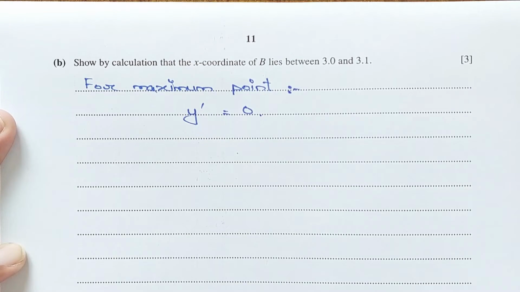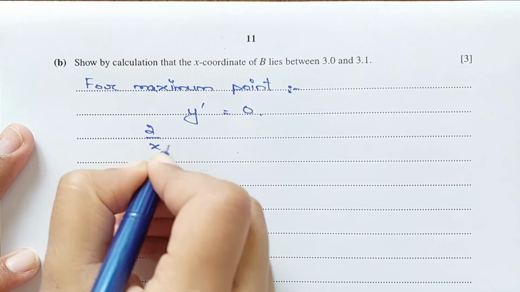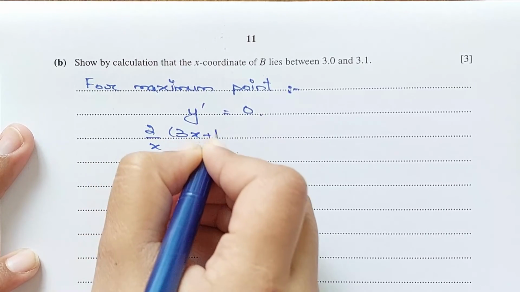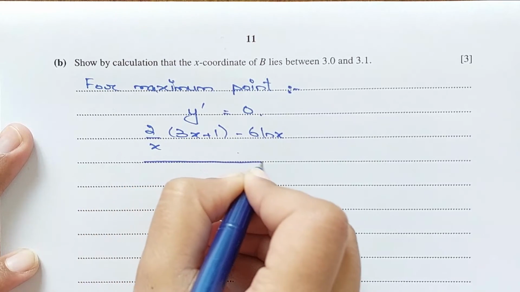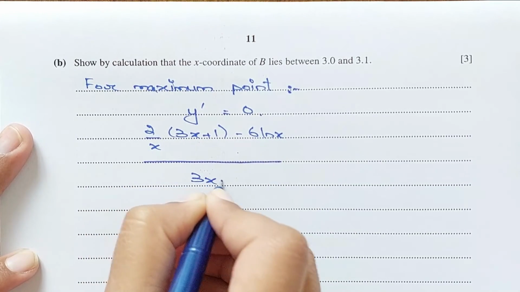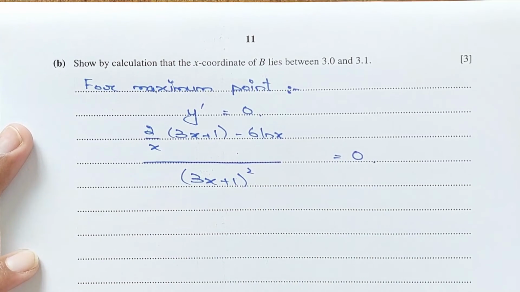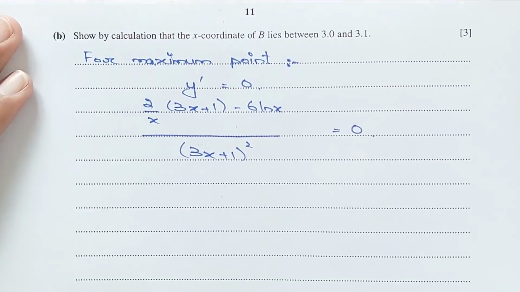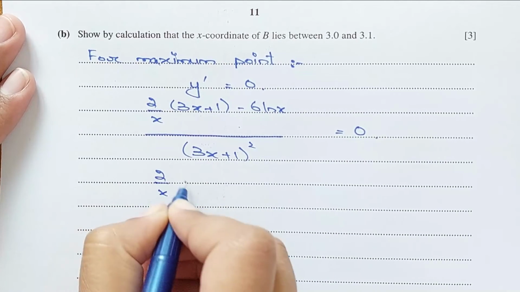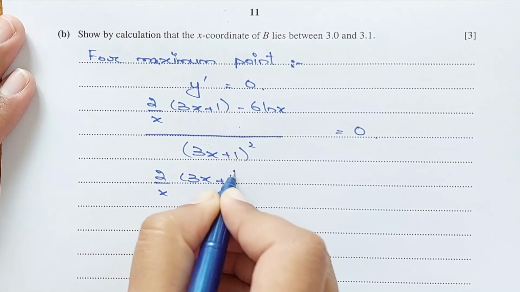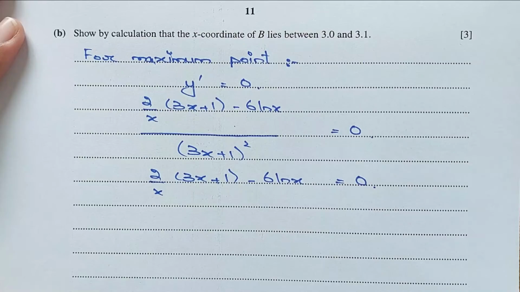The derivative is (2 over x times (3x + 1) minus 6 ln x) divided by (3x + 1) whole squared, equals 0. So we have to solve for x, doing the cross multiplication.